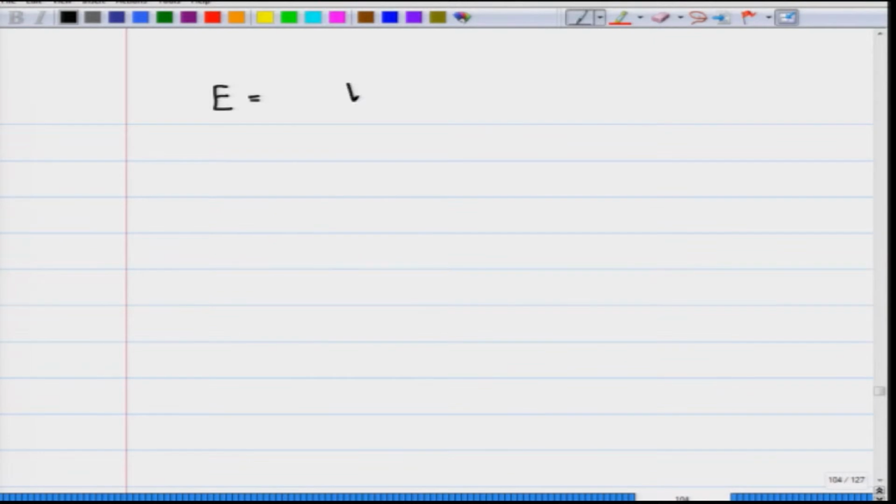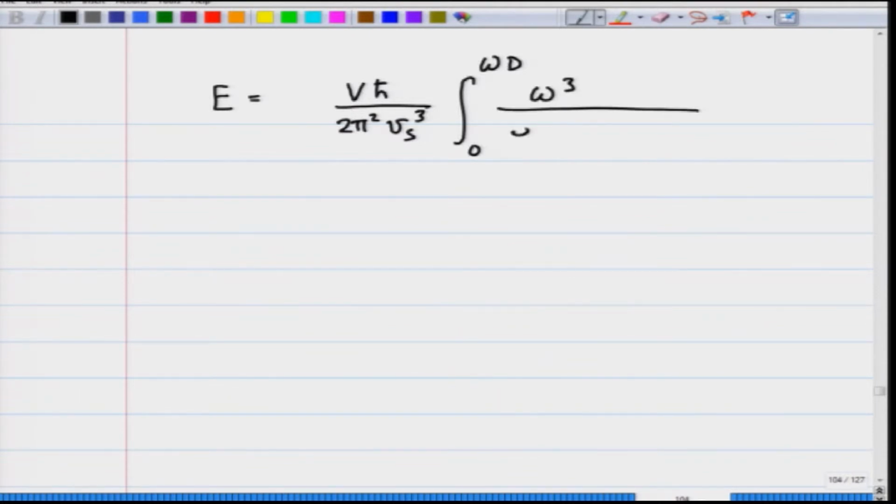So, the total energy is V h cross over 2 pi square v s cubed integral 0 to omega d omega cubed over e raised to h cross omega over k b T minus 1 d omega.